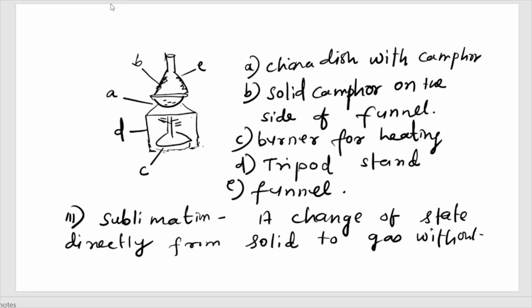See, this is the diagram where A is the china dish with camphor and B is the solid camphor that you will observe on the side of the funnel. C is the burner for heating, where the flame will come, D is the tripod stand, and E is the funnel.